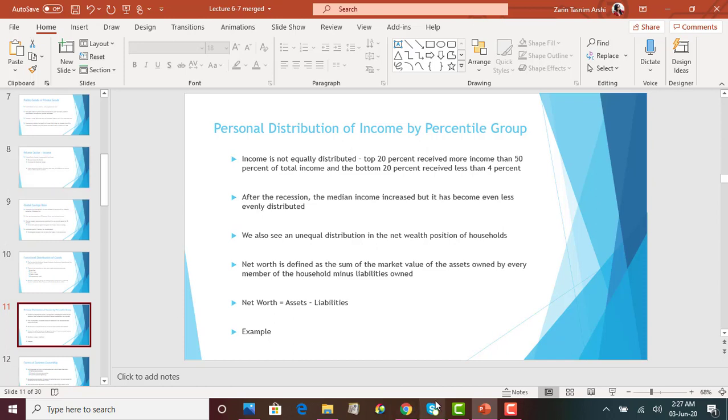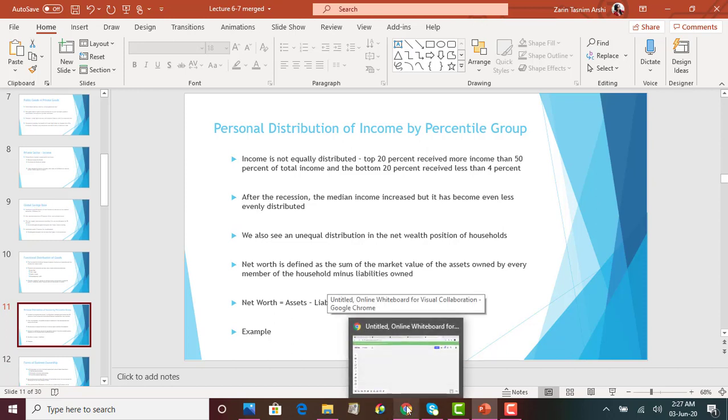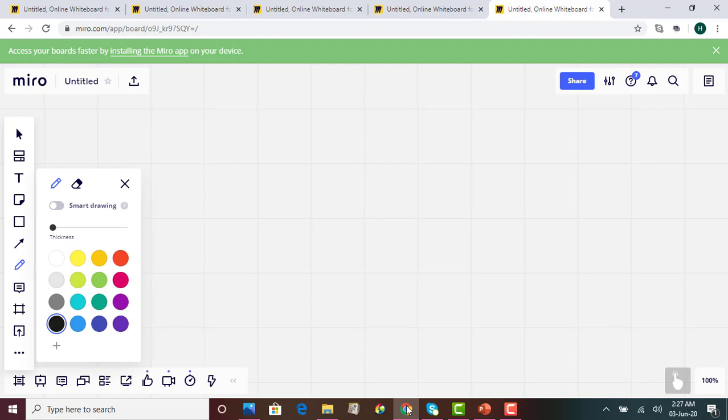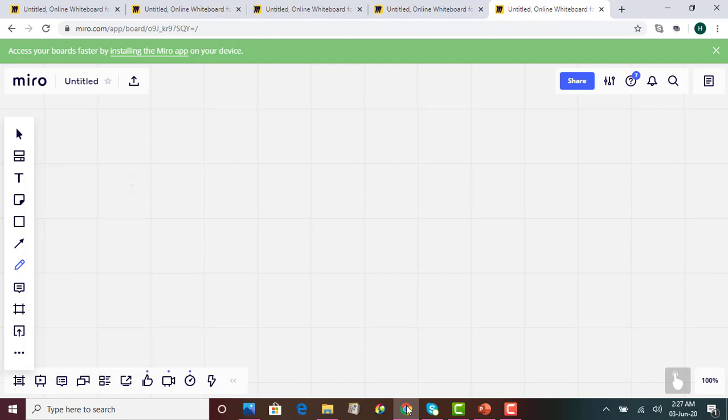and I'm gonna do a quick example related to net worth, because there might be one in your exam and in your homework. Okay, so let's say you're given the following information. This is an example that we're doing for net worth. So let's say for Nafis, which is me, the following information is given.